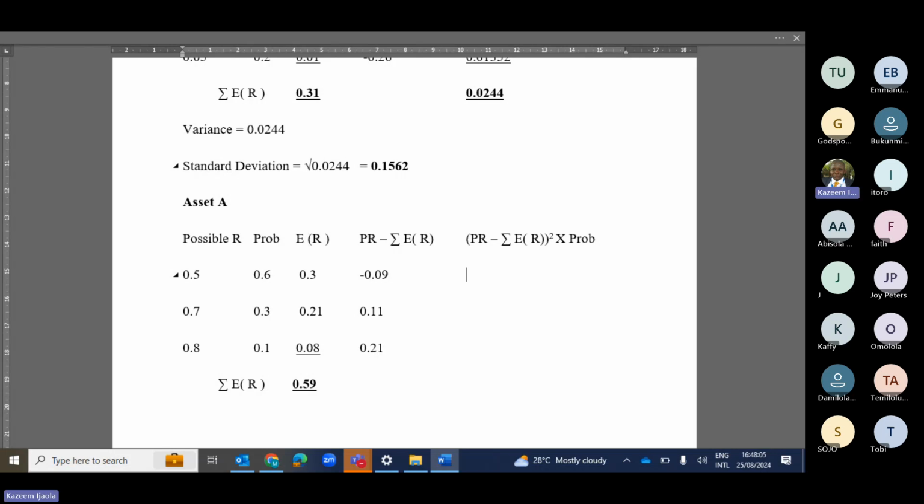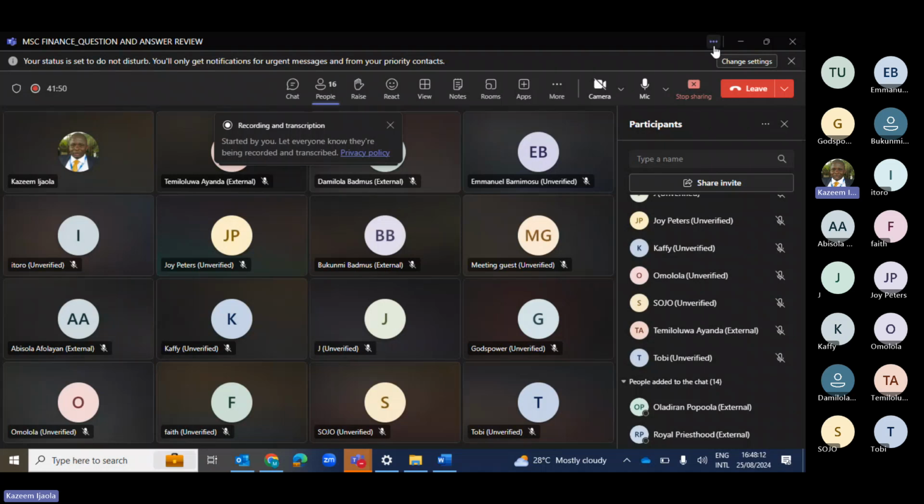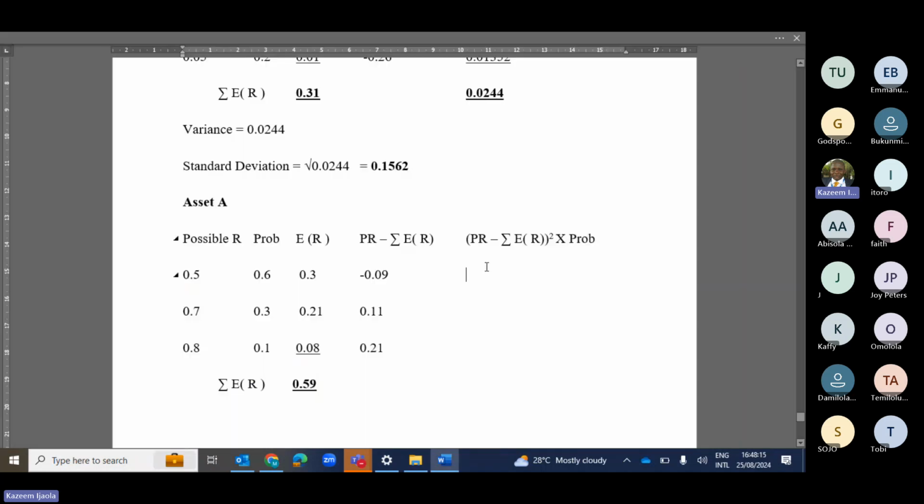All right. Let me call somebody to tell me the procedure for this last one. Kefi, what will I do to get the first response? You square it, then you multiply it by probability. What will I square?